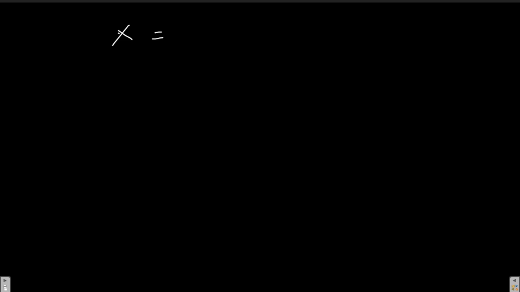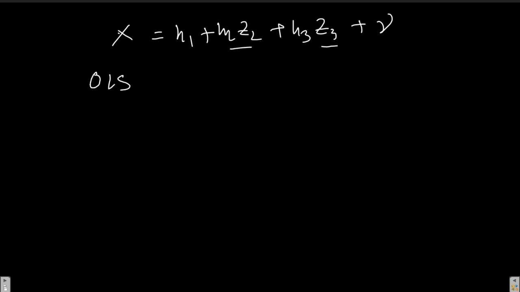So X is going to be a linear combination of, let's say, H1 plus H2 Z2 plus H3 Z3, and some error term. Why do I do that? Essentially this is simply going to be an OLS regression, and I do that because this is a better combination instead of just using one IV.